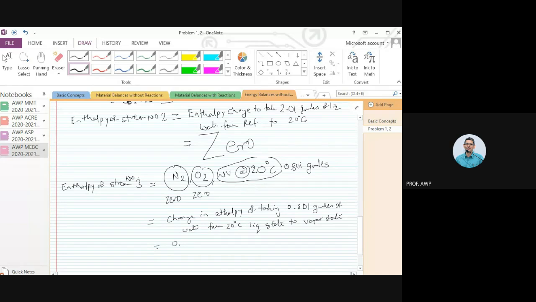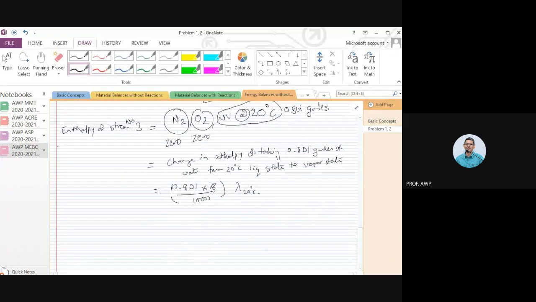So this would be 0.801 into 18 divided by 1000, so many kgs, multiplied by latent heat at 20 degrees centigrade. Again, think in terms of enthalpy versus temperature. 20 degrees centigrade, liquid water has 0 enthalpy.